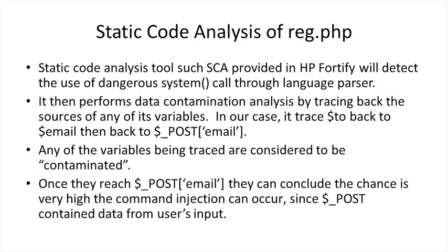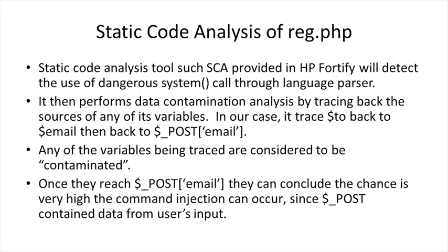It traced first from the system mail command to $to, because there's a variable $to in the mail command. And then from $to, it traced back to email in lines 9, probably 80, 84.